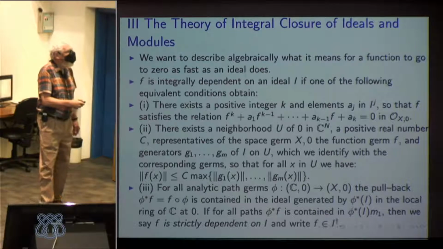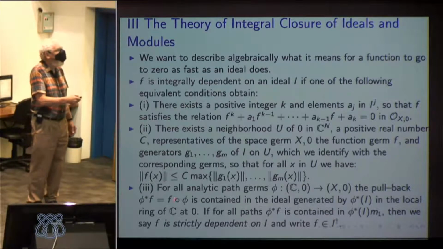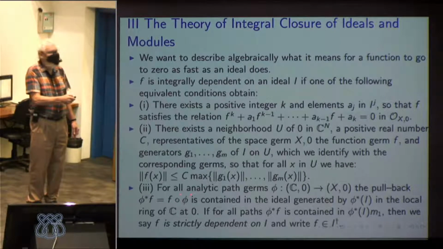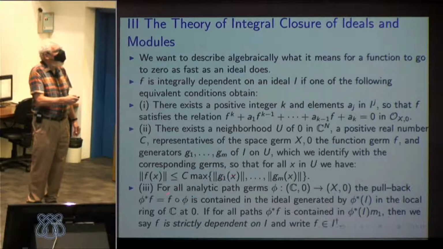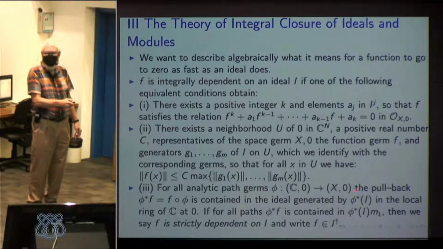And then the third condition is one that is very useful in calculations and often interesting theoretically, and we'll look at this one. The pullback of f by a curve phi, so that's f composed with phi, must be contained in the pullback of the ideal generated by I in the local ring of C at 0.